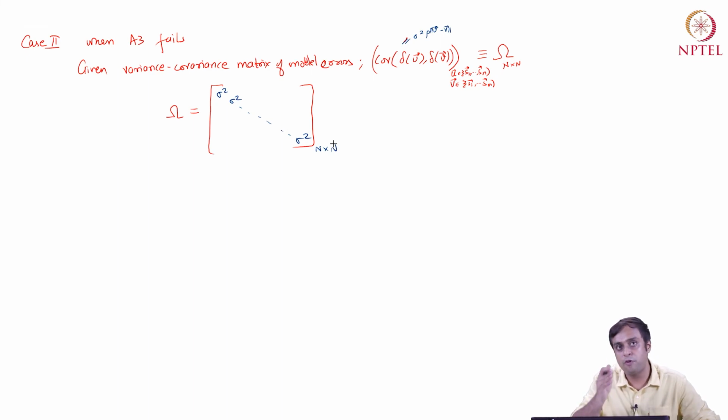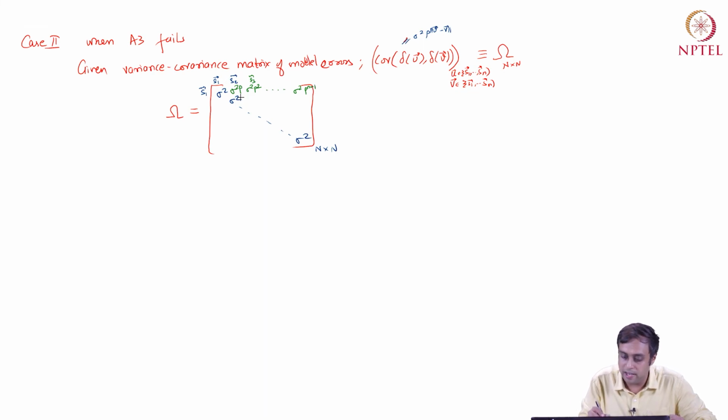When I move from location S1 on to location S2, my covariance changes to sigma squared rho. When I move on to S3, my covariance will become sigma squared rho squared, all the way till sigma squared rho to the n minus 1.